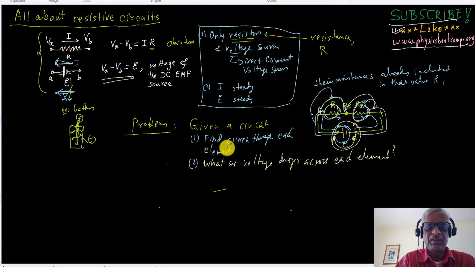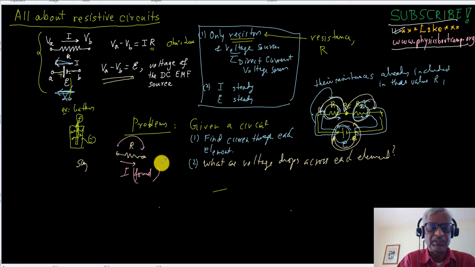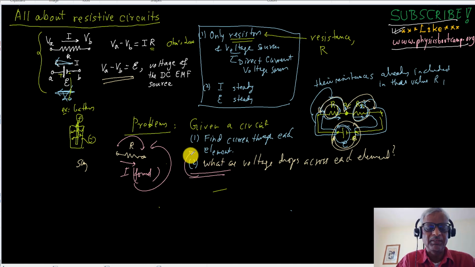If I have this resistance, say your resistance is given, and you found the current, then of course you can find the voltage. This will immediately tell you what the voltage is. So this can be obtained from that.